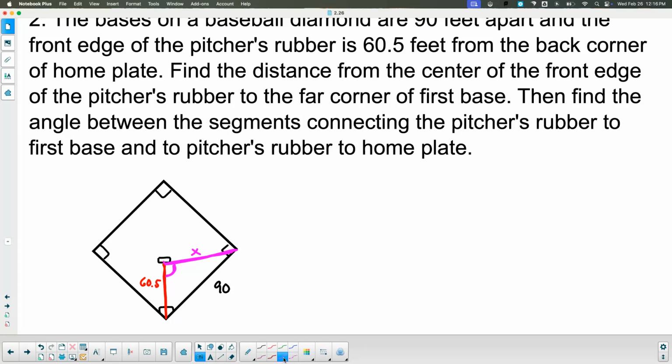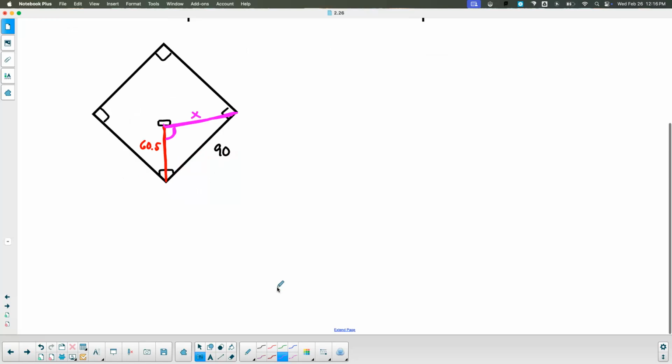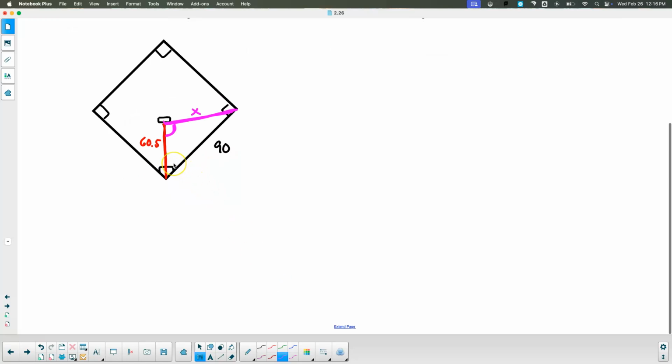What else do we have? That one down here? Because they're all right angles, right? Because it's a square. So if I bisect that angle, then this angle down here is in fact 45 degrees. Okay? What kind of problem is it?